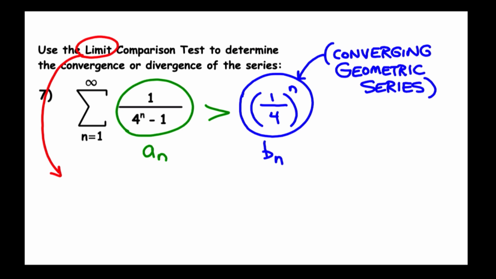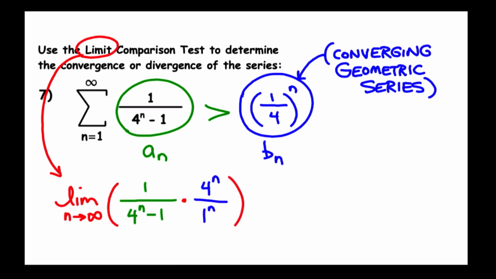We start off the limit comparison test with, oh, you know it, a limit. The limit as n approaches infinity, as always. Of what, you ask? Well, a sub n over b sub n. Okay, again, instead of dividing, I multiply by the reciprocal. The 1 and the cute little 1 to the n, those are both 1s. They cancel.